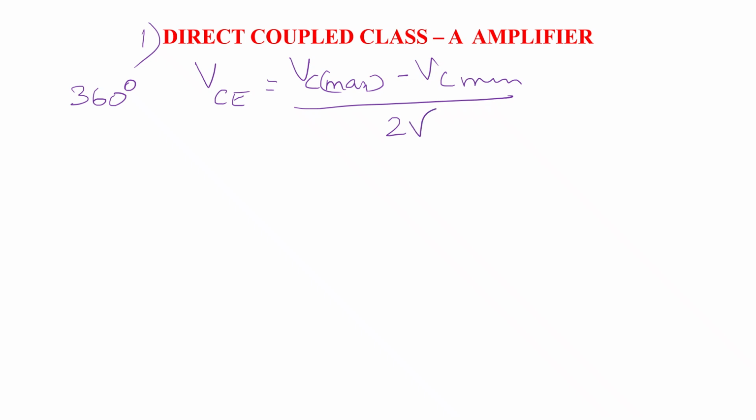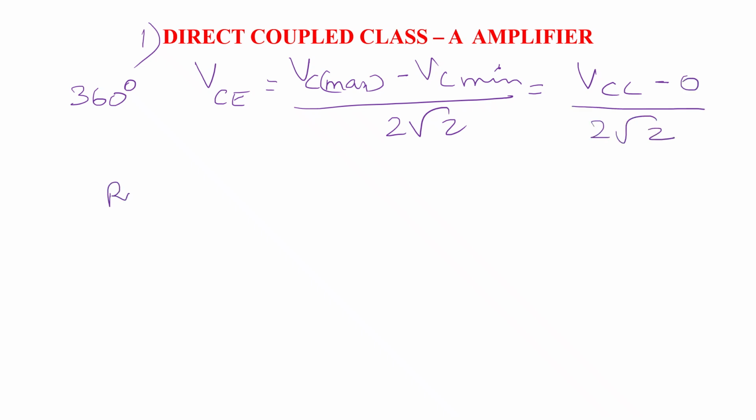The previous diagram which we saw is a direct coupled Class A amplifier, and we'll try to observe the operating range. If it gives an output signal of complete 360 degrees, the RMS collector voltage VC is given by VC max minus VC minimum divided by 2 root 2, which is equal to VCC minus VC minimum, which is 0, divided by 2 root 2.